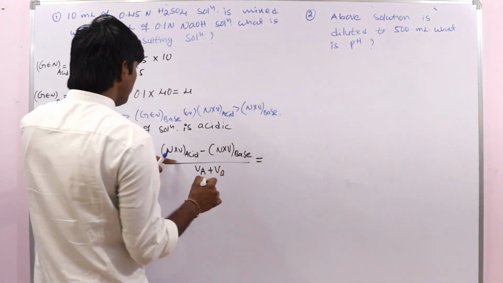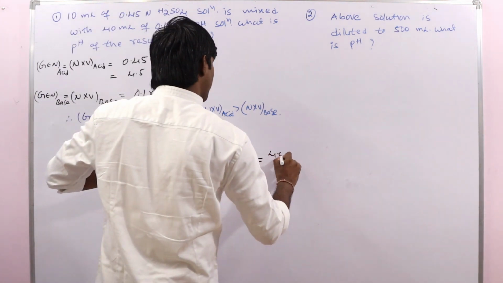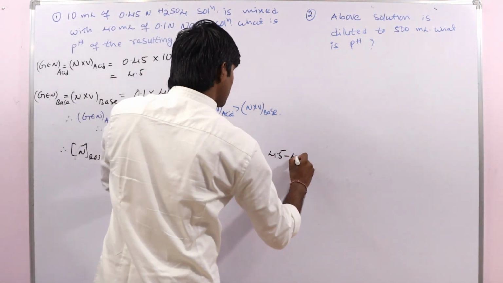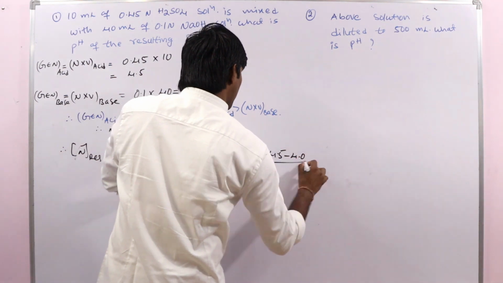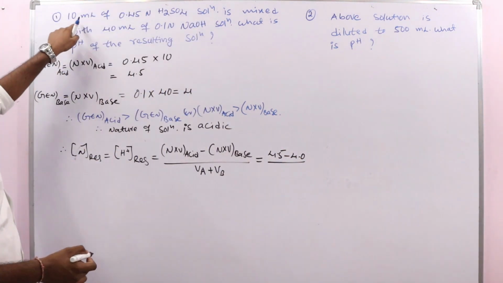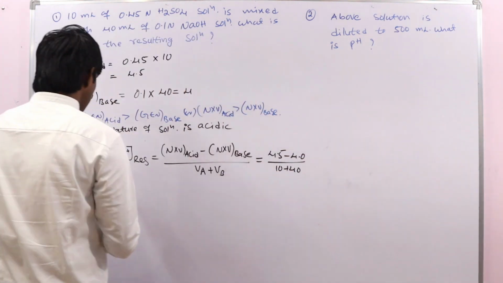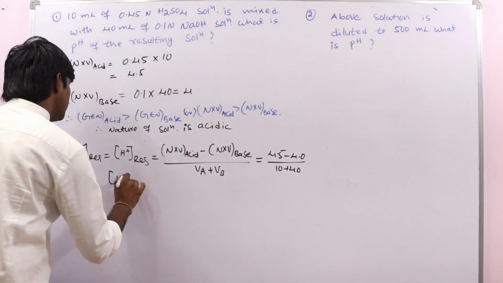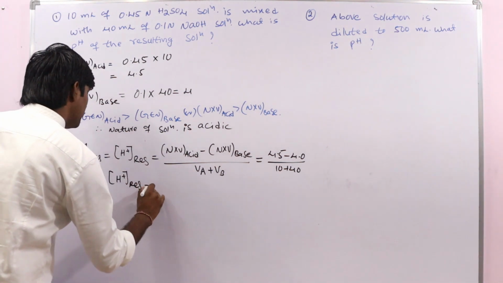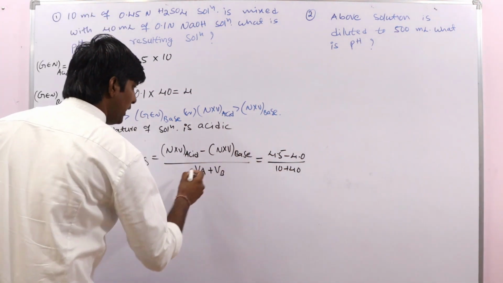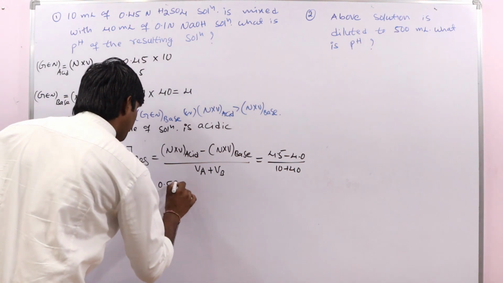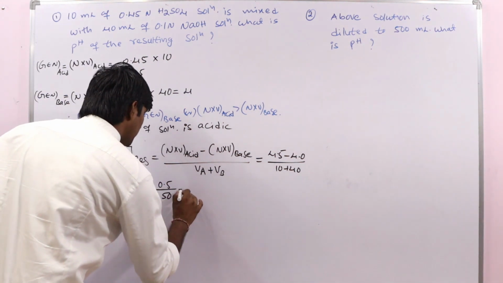So here N into V of acid is 4.5, N into V of base is 4.0, divided by total volume, 10 plus 40. So we get the resultant H plus ion concentration equal to 4.5 minus 4, that is 0.5, by 50.